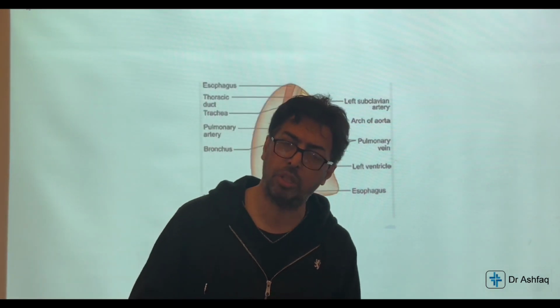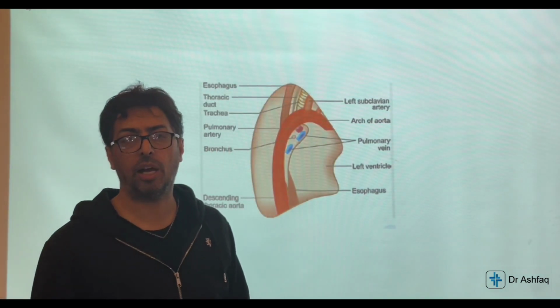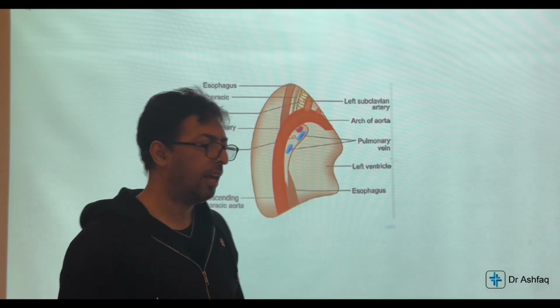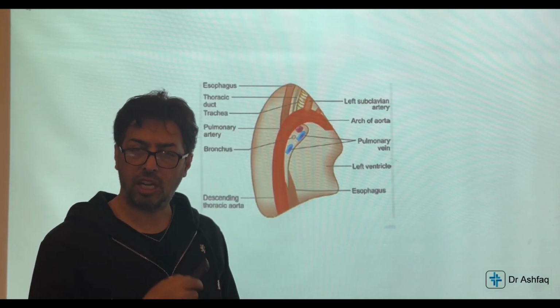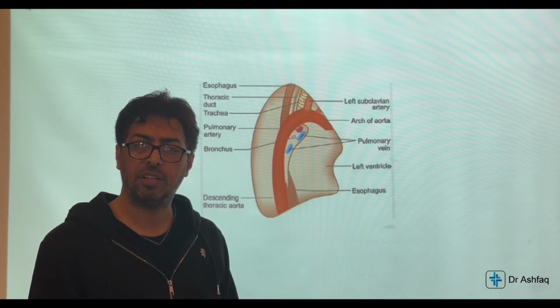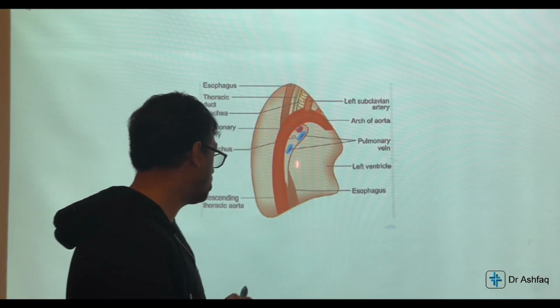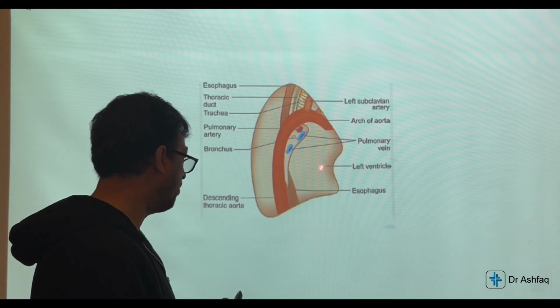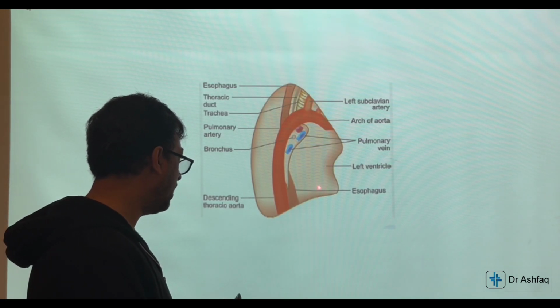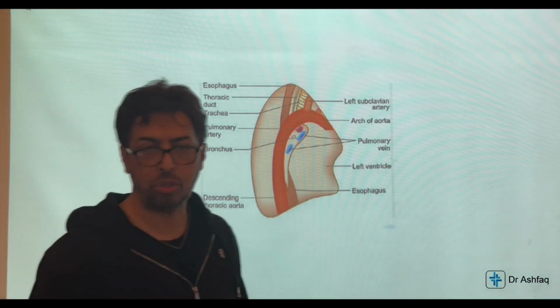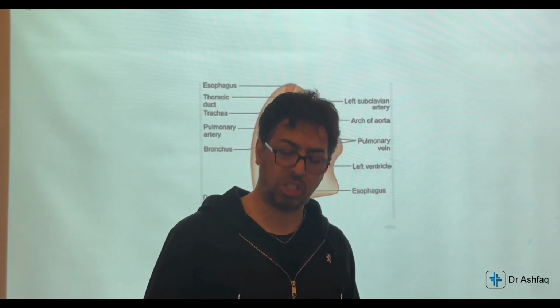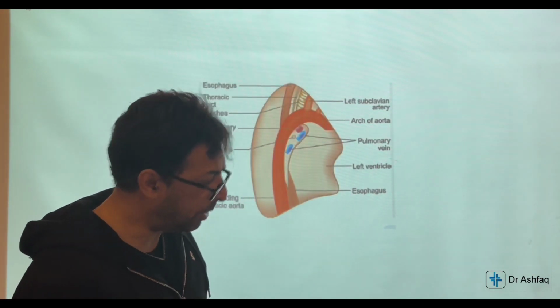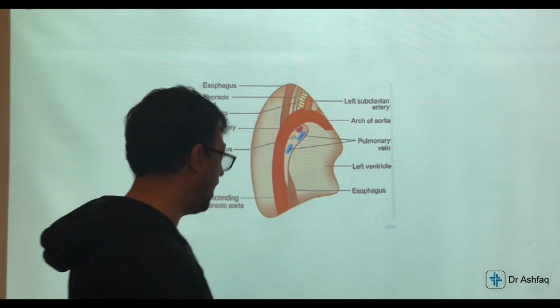So we have three important nerves in relation to the mediastinal surface of the left lung, and they are the left vagus, the left phrenic nerve, and the left recurrent laryngeal nerve. In addition, in the right lung we had this area occupied by the right atrium, and over here this area is the left ventricle. So it is important to remember these structures which lie within the mediastinal surface of the right lung and the left lung.